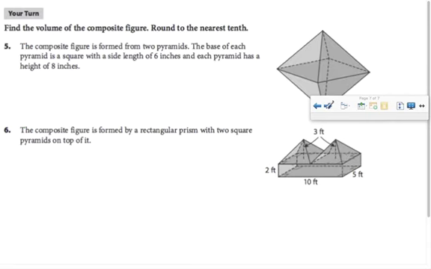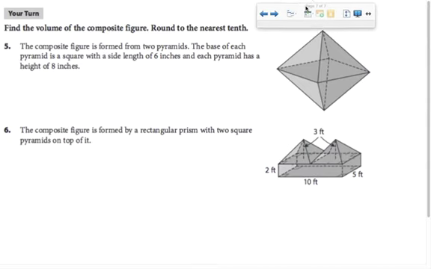Couple more composite figures. In your turn number 5, we have 2 pyramids base to base. Each pyramid has a height of 6, and the bases for both of them are squares with a side length of 6. So capital B is 6 times 6, which is 36.